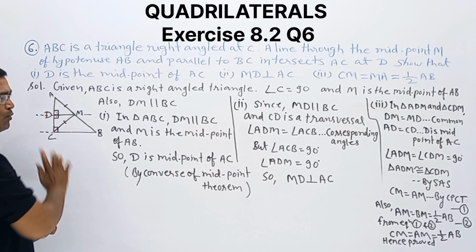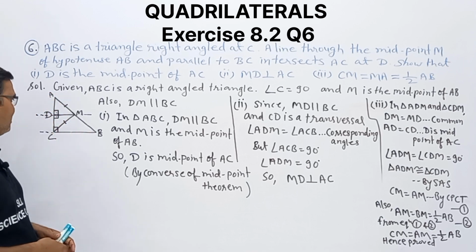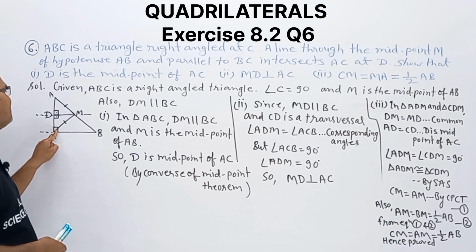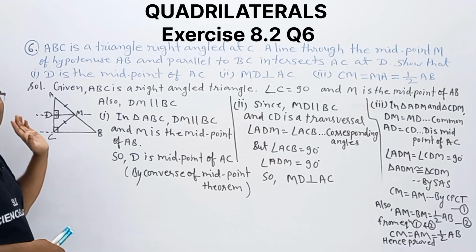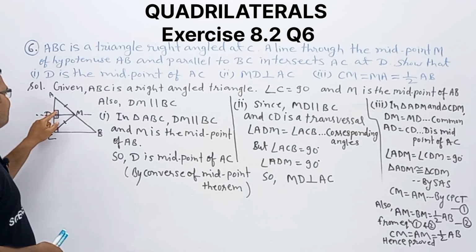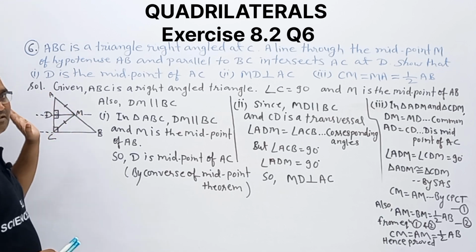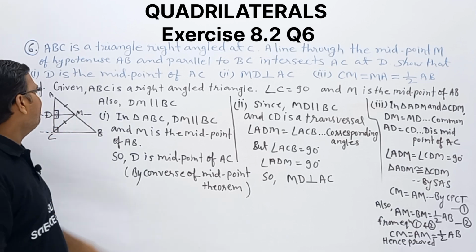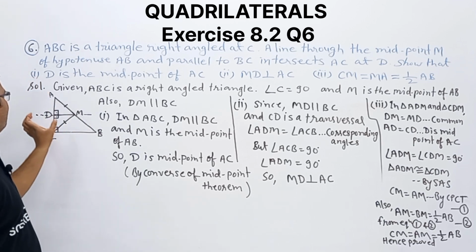These two angles are equal, and they are 90 degrees, because this one is 90 degrees as given in the question. They are corresponding angles. So MD is perpendicular to AC. Second one we proved.